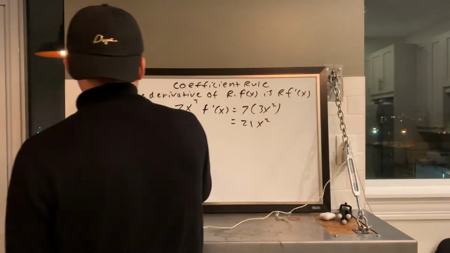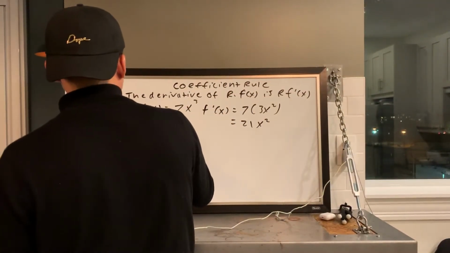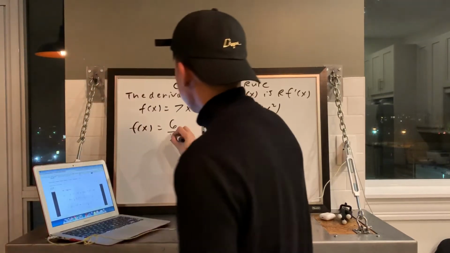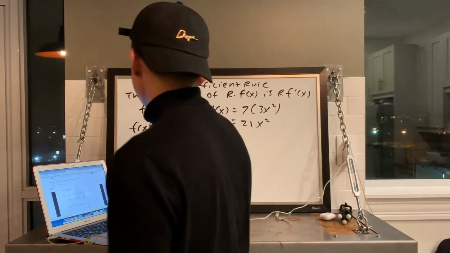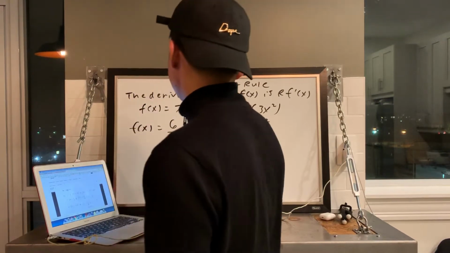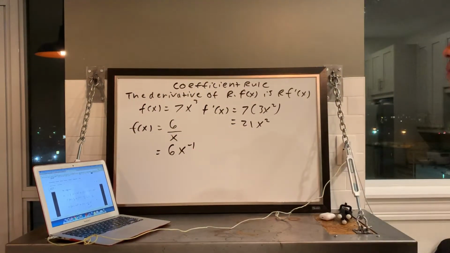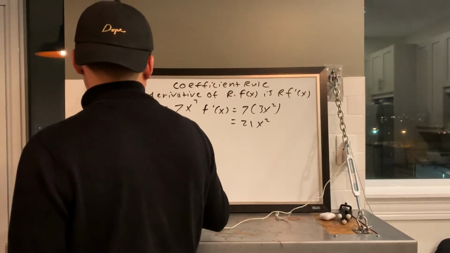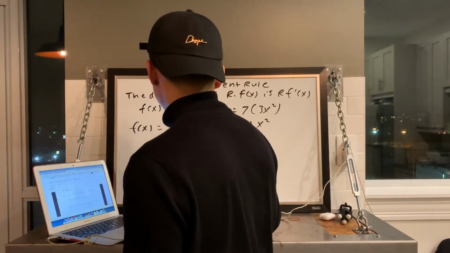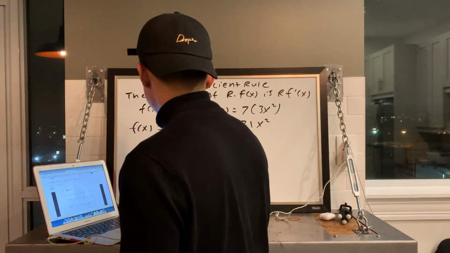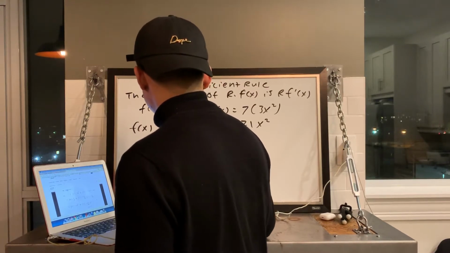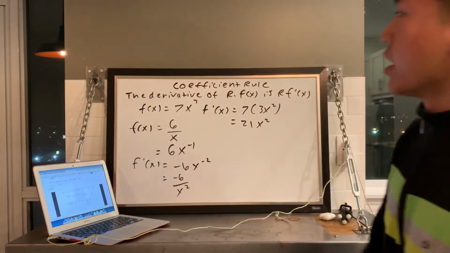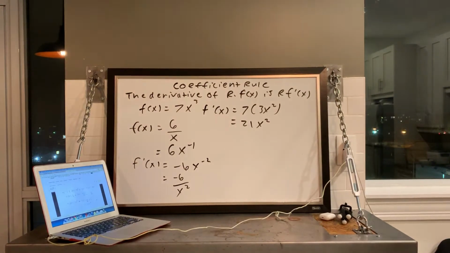If you have f of x equals 6 over x, nothing to fret about, that can be rewritten as 6 times x to the negative 1. So f prime of x equals minus 6 all over x squared. That's how you write it.